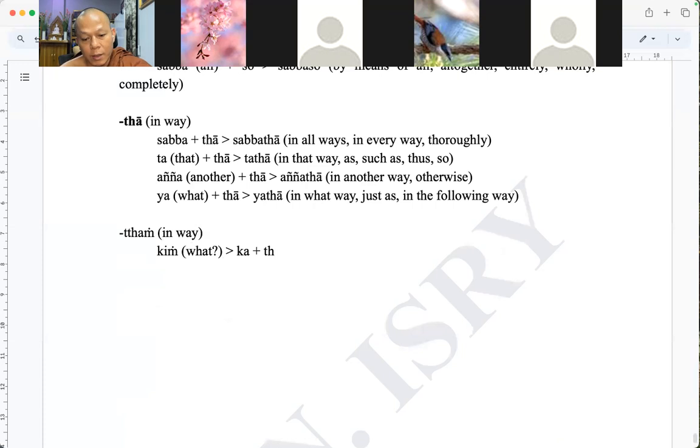So after that the tan. So we have the katan. Katan literally means in what way, for a question. That means how.